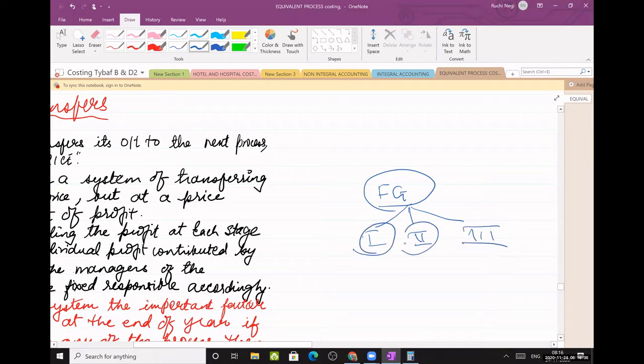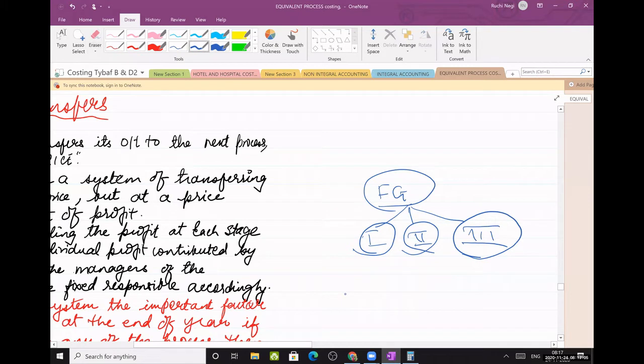Every process has process owners, meaning people responsible for that particular process. I mean the profit of each individual process is fixed by the owner of the process, that is, the manager of that particular process.